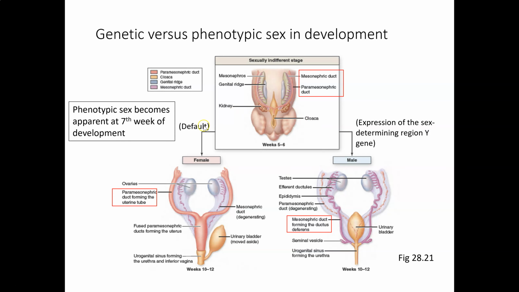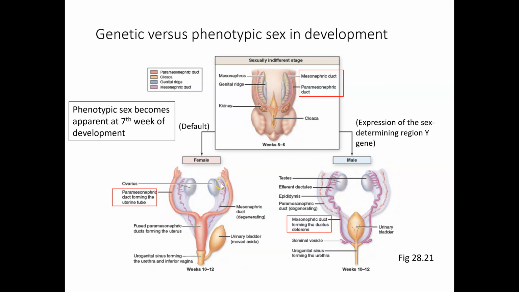But then starting at about the 7th week of development, you start to see the differentiation between the male and the female. Default development means that no sex-determining genes are expressed from the Y chromosome. Because XX, you do not have a Y chromosome, so you are going to develop this way.